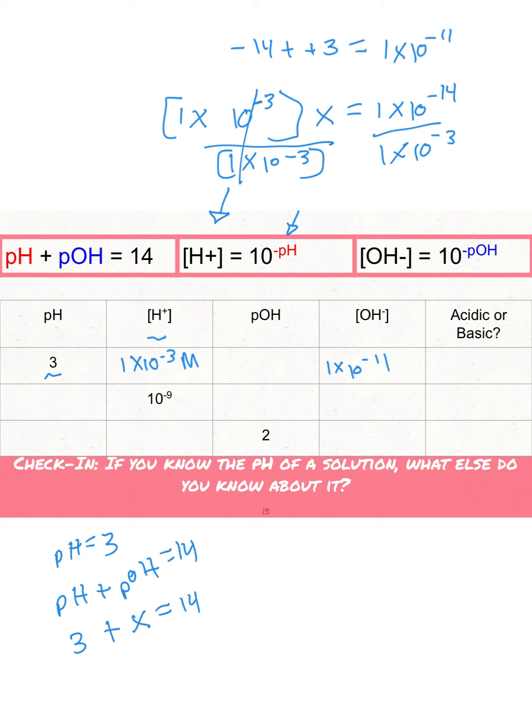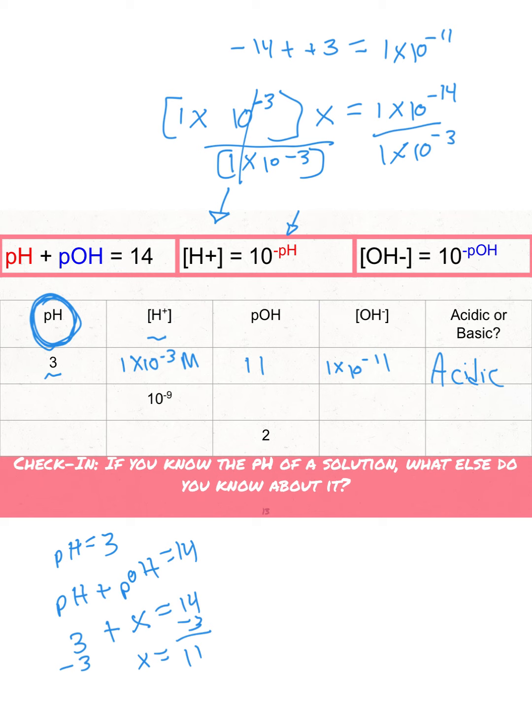So I'm going to subtract 3, and my x is equal to 11. Okay, so is this acidic or basic? The way I determine that is I always look at the pH, very important. The pH determines the acidity or the basicness. And it is below a 7, and so I'm going to put this as acidic.